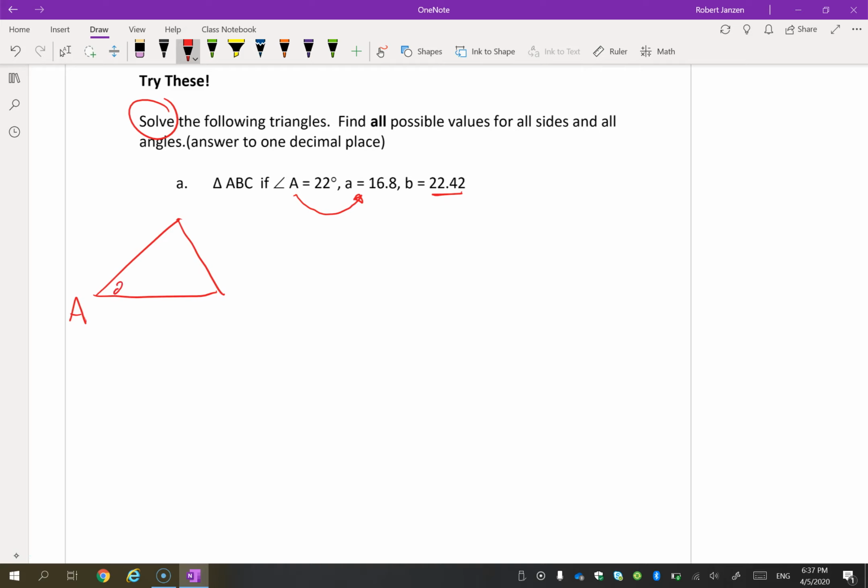I'm starting with the angle that I'm given. It's 22 degrees. The side across would be 16.8. And then let's keep this the same way we were doing them the other day. We'll go like so.